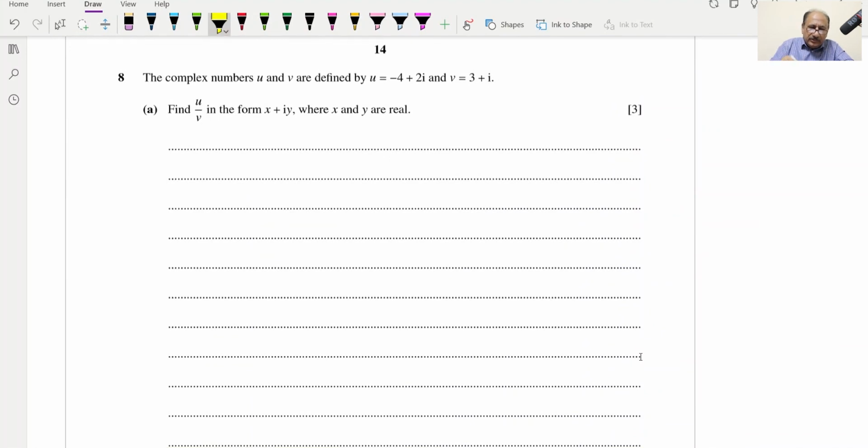Question number 8 says the complex numbers u and v are defined by u is this one and v is this one. So u and v are given, and they're saying in part a, find u over v in the form x plus iota y, where x and y are real numbers.